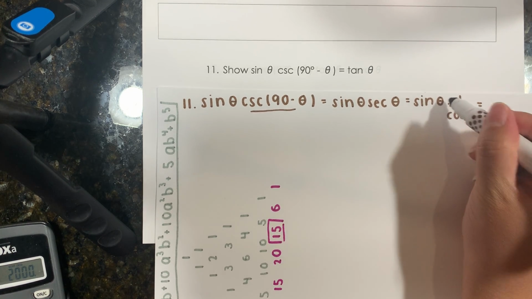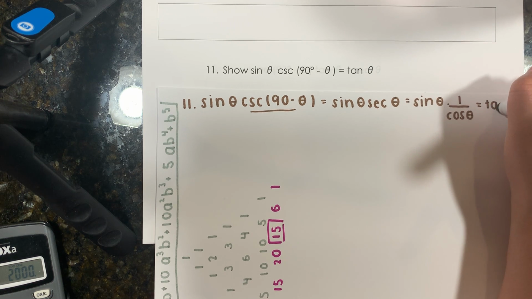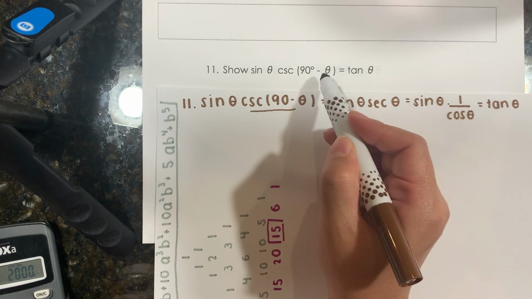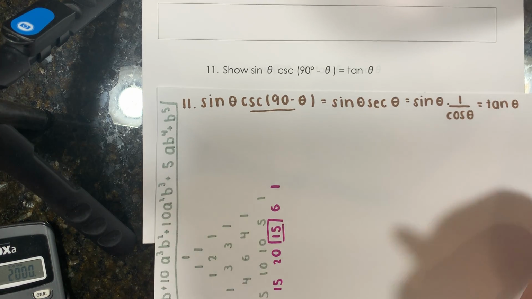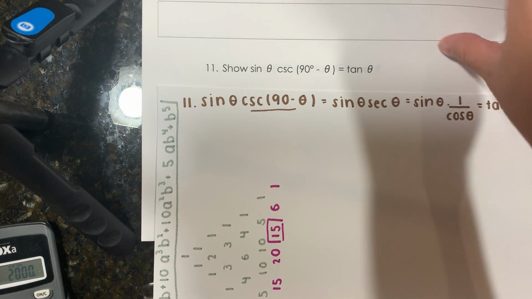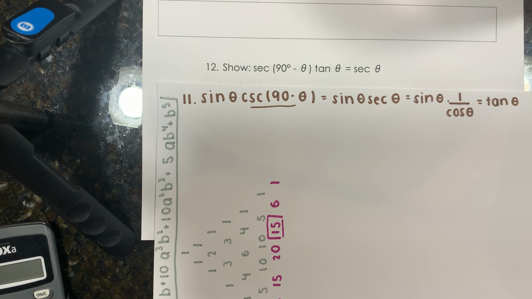And actually sine over cosine is equal to tangent of theta. So this left does end up equaling the right, and that would be all the steps you would need to show to get there. So it's all about the steps. It's not so much about just writing that they're equal to each other. It's how do you get to that point.